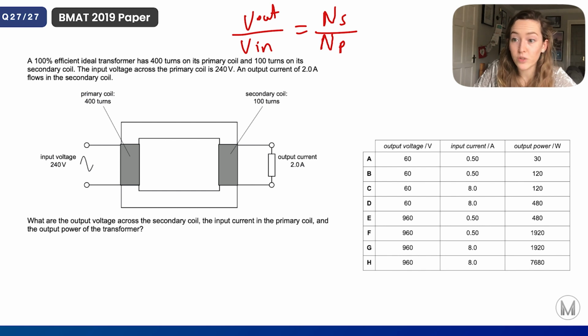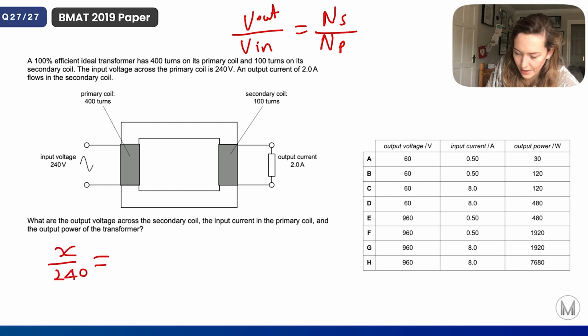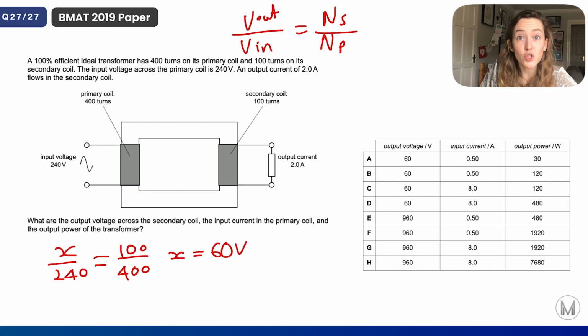And let's represent the voltage out that we don't know as X. So X divided by 240 from the information we're given is equal to 100 over 400. Therefore, I can work out that X is equal to 60 volts. So immediately I can eliminate E, F, G, and H.